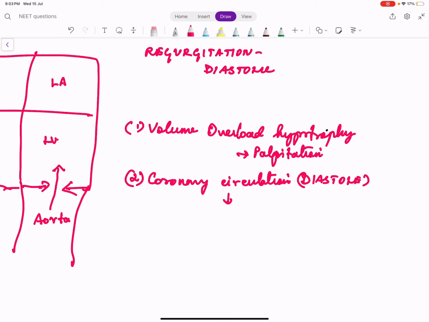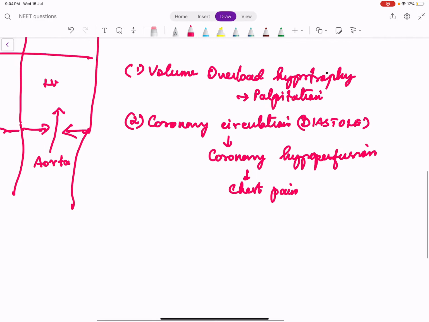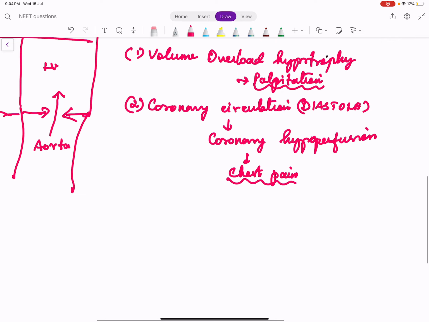The coronary pressure decreases. So there is coronary hypoperfusion, leading to cardiac ischemia and chest pain. So the chest pain in aortic stenosis is due to demand supply mismatch, whereas the chest pain in aortic regurgitation is due to coronary hypoperfusion.